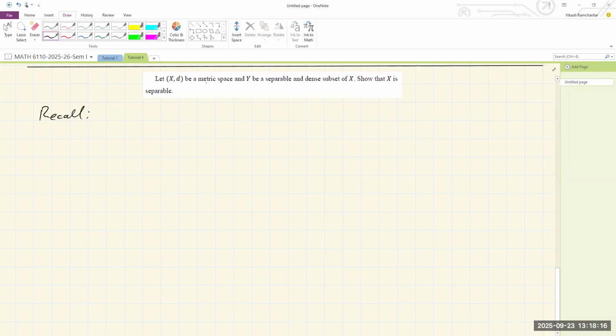Recall, dense means, so we say a subset, let's say A in X is dense in X if the closure of it is equal to the entire space. And so that's the first one.